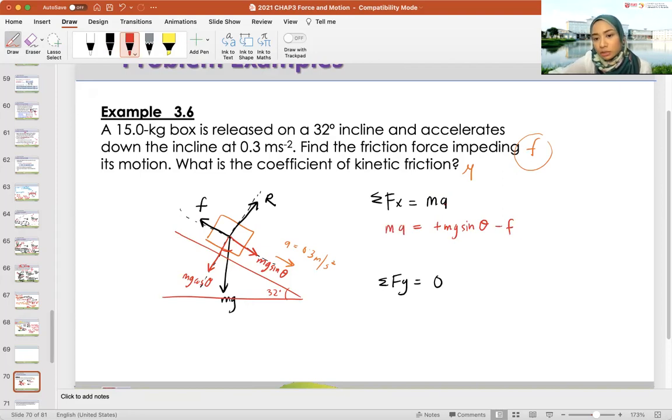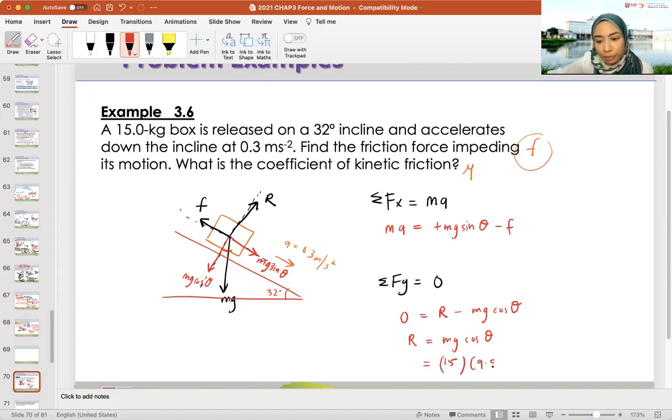Okay, I use my condition over here. This is from my free body diagram. And for my F net in the Fy, I have R going upwards, so that's a positive, and then minus mg cosine theta, and this will be equal to 0. So I can solve for this. Mg cosine theta, m is 15, we are referring to the box.